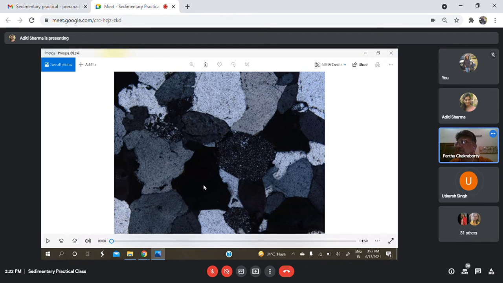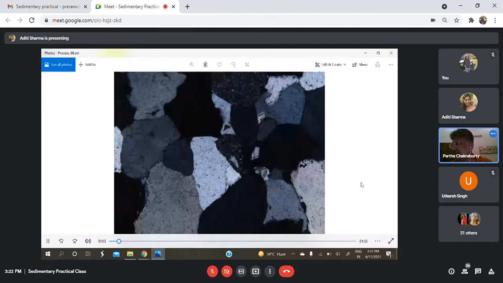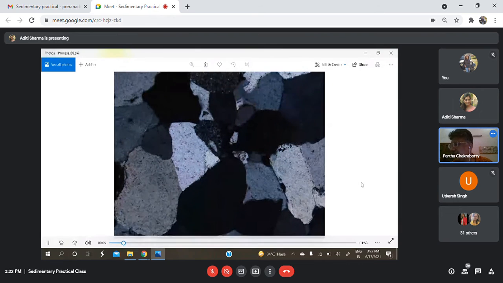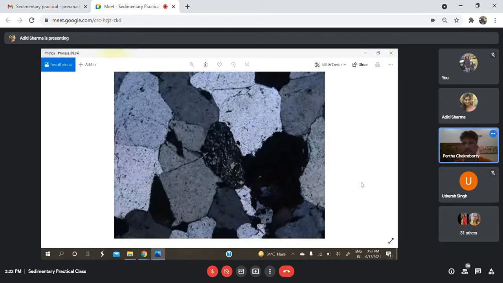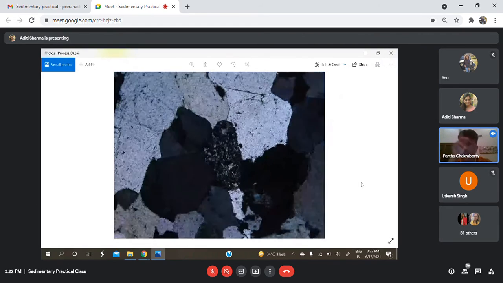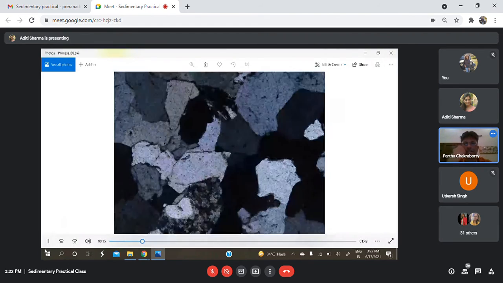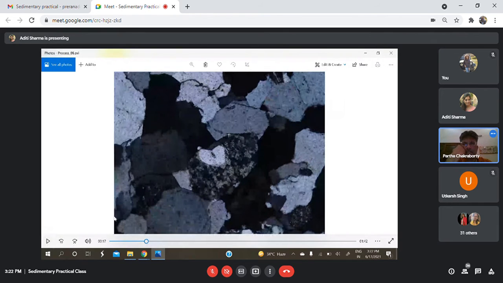So this is a video. Shall I start it? Yes, please. So this is a lithic fragment in which subgrains are very clear, with different grain sizes also.